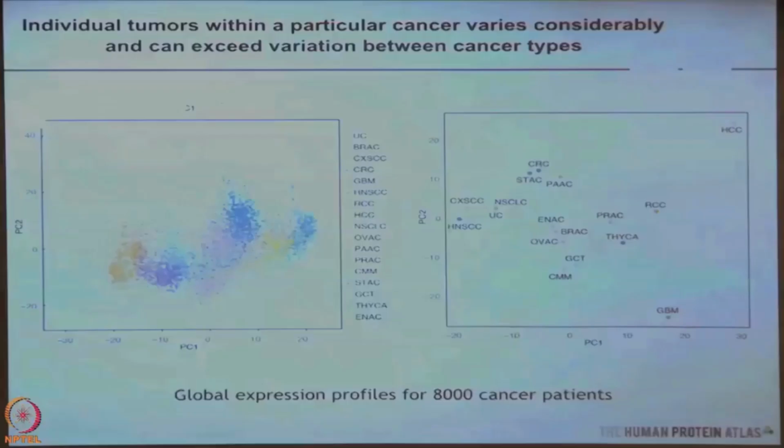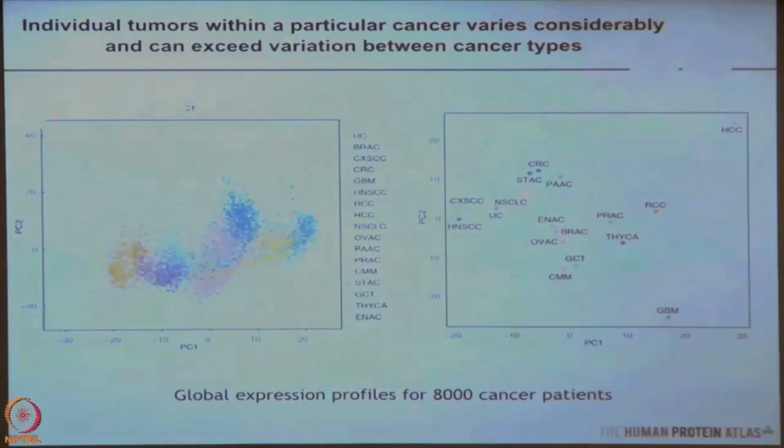One type of cancer stands out pretty much. This is hepatocellular carcinoma, liver cancer, a special type of cancer. Glioma stands out a bit too, but not as much as one would expect. If one looks at means, instead of looking at all the 8,000 patients, you can actually see some clusters. Here are the gastrointestinal tract tumors.